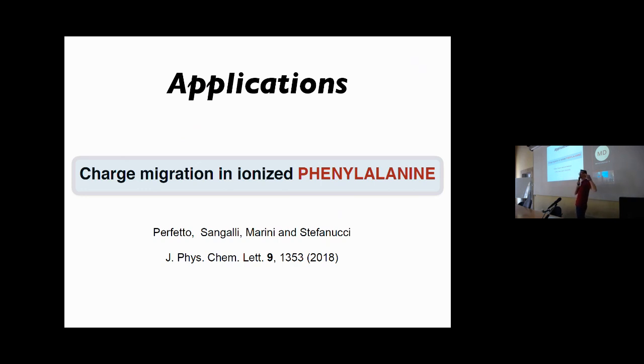So you remove an electron from this molecule by illuminating the system with a pulse. And in this state, the system is very unhappy, and the electrons start moving from one side to the other of the molecule, along the molecular backbone. And this is exactly charge migration.